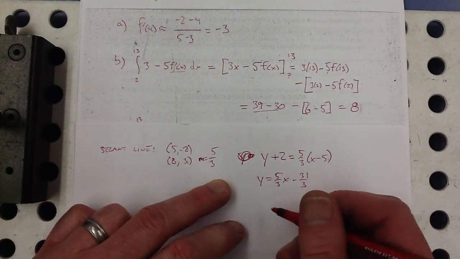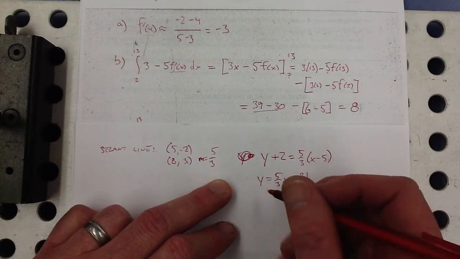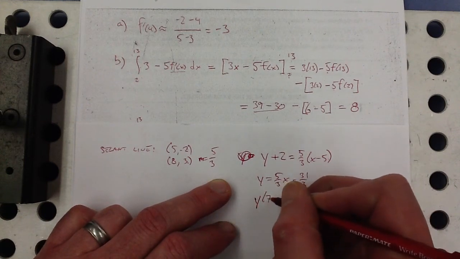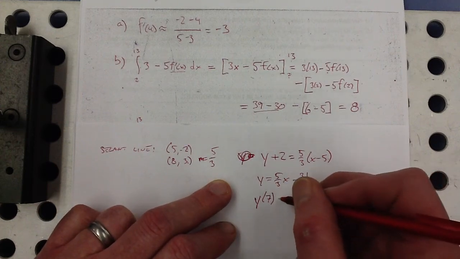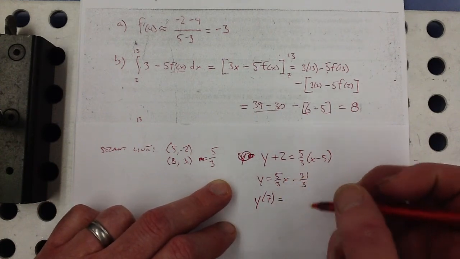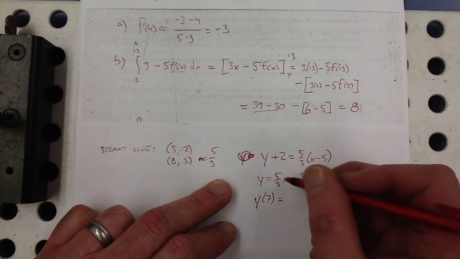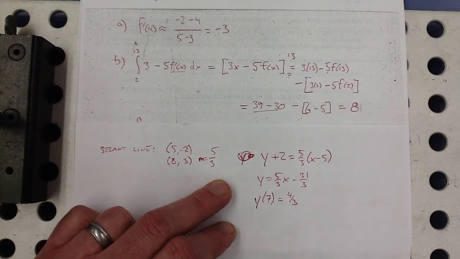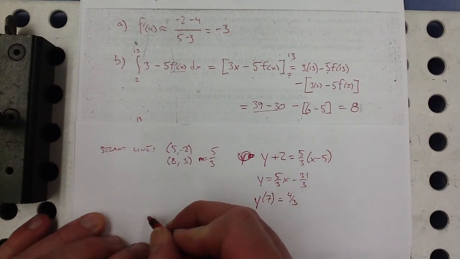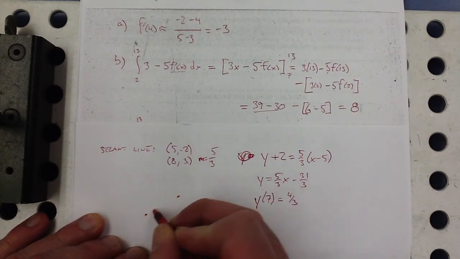And plugging, what are we supposed to plug in? 7? So y of 7 is equal to probably 4/3, right? So that would be, yeah, that's 4/3. Now, here's your picture. Here's your 2 points.